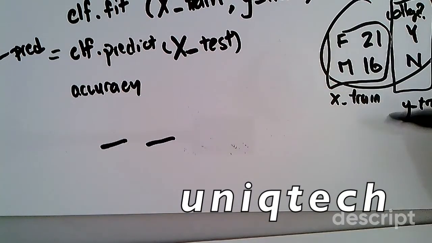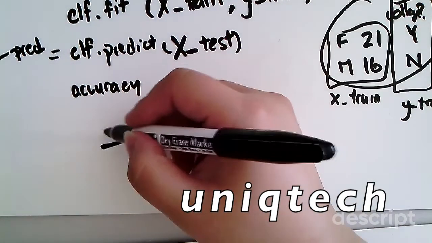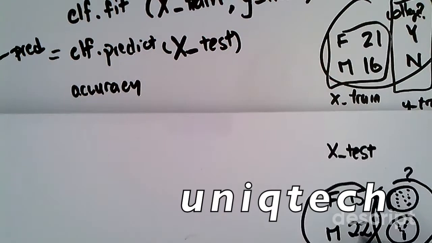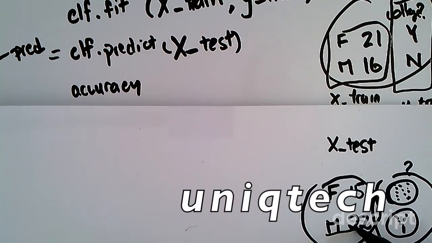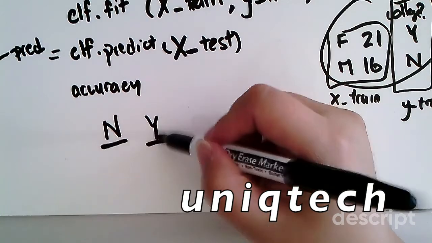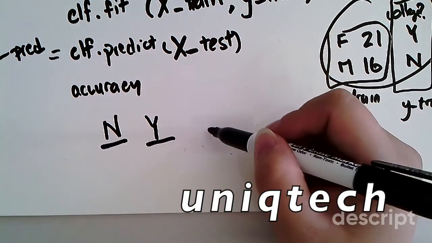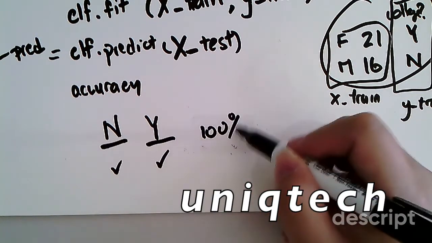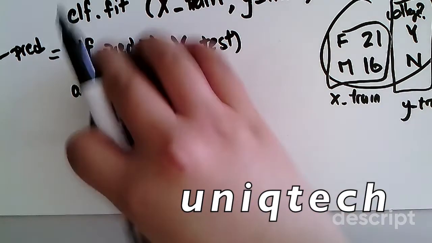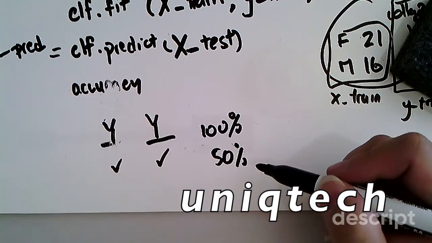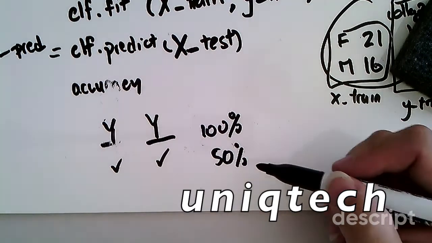After tons of data, the machine starts to learn the pattern and says, okay, 15 is too young for college. And then the machine looks at this X test and says male, 22. 22 is likely to be in college, so I'm going to predict yes. Out of the 2 answers, did it get them right? It got them right. So that's 100% accuracy. If it were to get the first one wrong, then that's only 50% accuracy, so 1 out of 2 is incorrect.